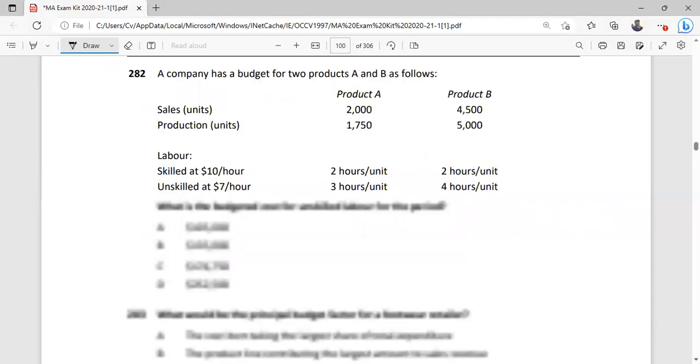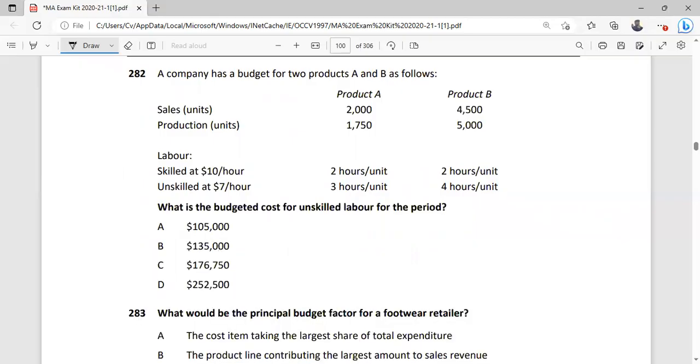A company has a budget of 2 products, A and B. Sales units and production units are provided. Labor rate per hour is provided. Hours per unit is provided. What is the budgeted cost for unskilled labor for the period?